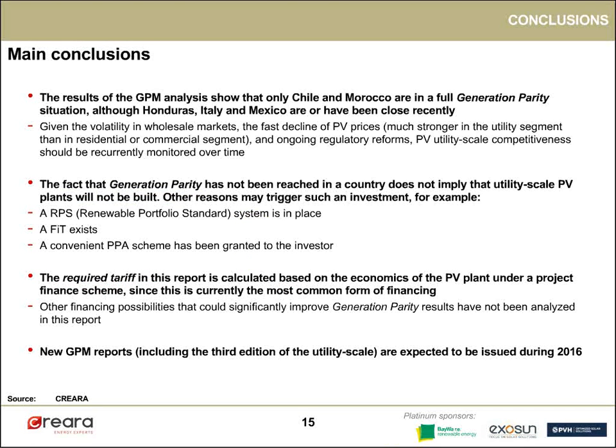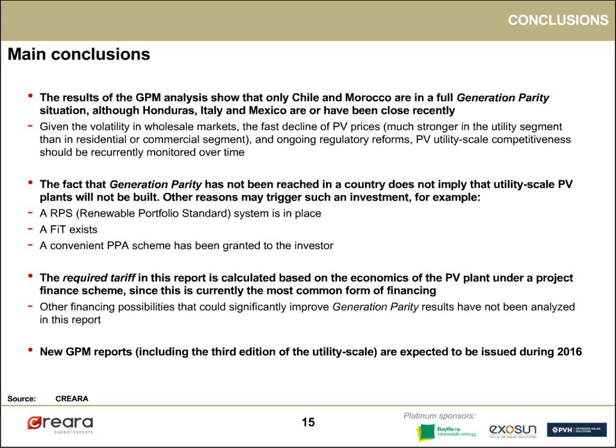So to summarize the main conclusions of this GPM issue, the results of the GPM analysis show that only Chile and Morocco are in full generation parity, although as we've seen, Honduras, Italy, and Mexico have been closed recently, although each of them in a very different situation.